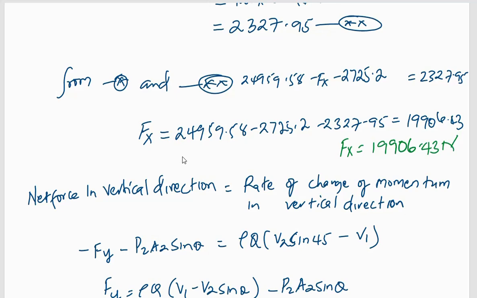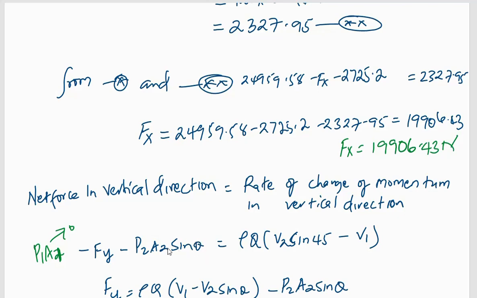We need to also look for the net force in the vertical direction on the same bend. Then therefore it will also equal the rate of change of momentum of the fluid in the vertical direction. Since P1 is horizontal, still it would cancel out. P1 A1 minus F1 minus Fy, remember this will go to 0 because this force is horizontal and therefore it doesn't have the vertical component. So minus Fy minus P2 A2 sine theta.